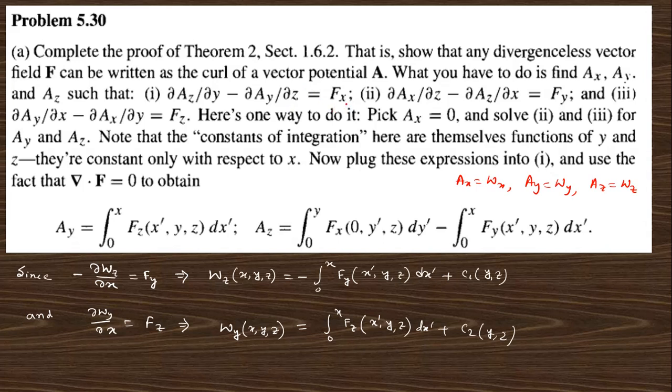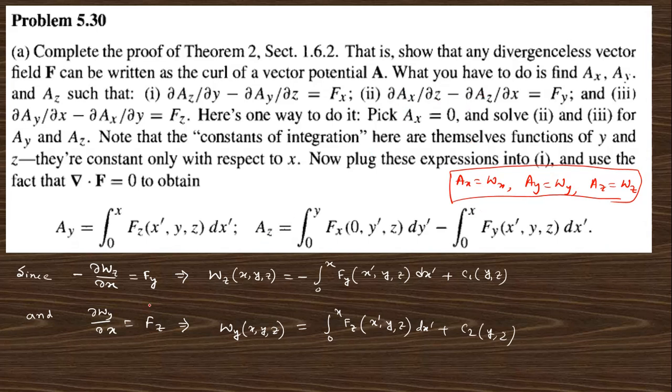So Fx equals this, and Fy equals ∂Az/∂x. Actually, A is replaced here by W by mistake; you need to remember that.